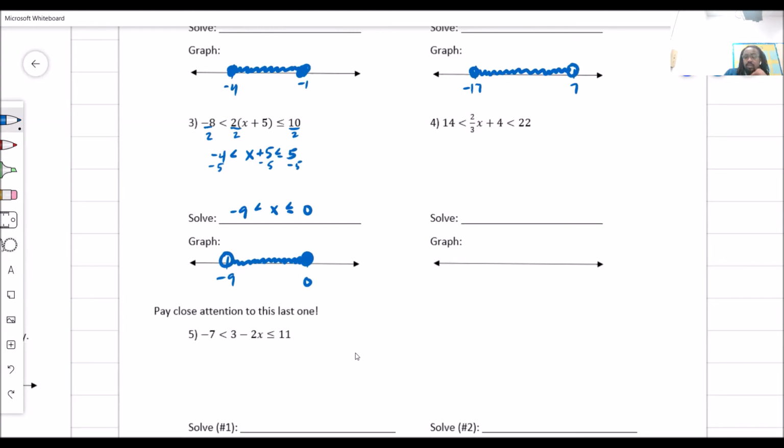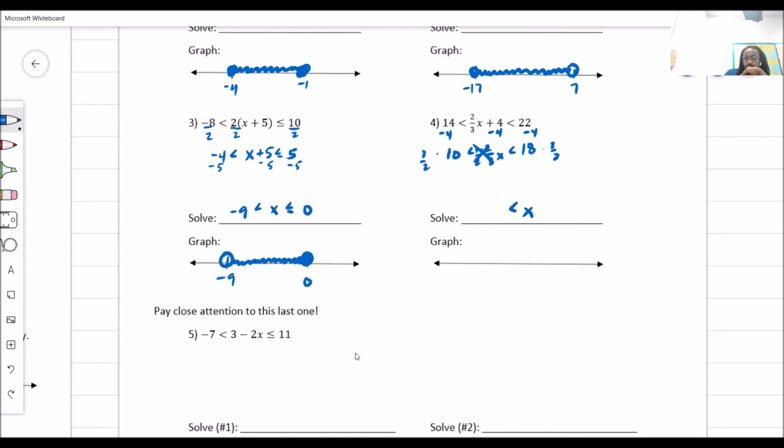All right, last one in this section. I need to subtract 4 from every side first. So that leaves me with 10 is less than 2/3 x, which is less than 18. And then to get rid of 2/3, I'm going to multiply by 3/2 on each of these. So here, we're left with x in the middle.